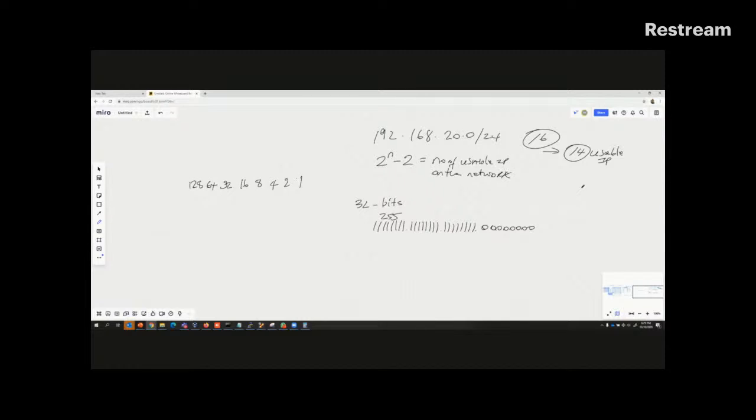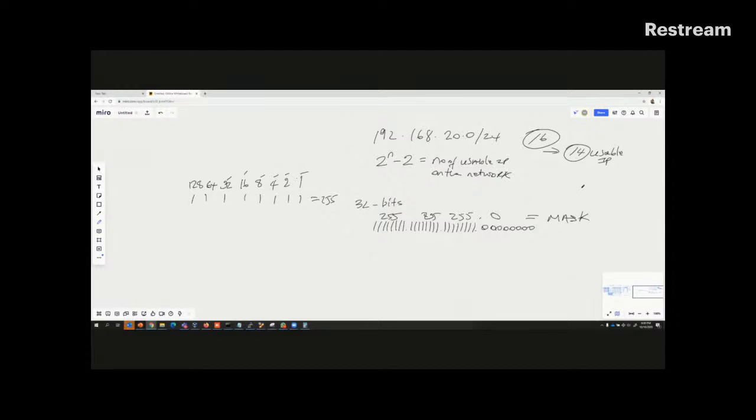Adding them all up, 128 plus 64 is 192, plus 32 is 224, plus 16 gives you 240, plus 8 gives you 248, plus 4 gives you 252, plus 2 gives you 254, plus 1 gives you 255. So this is 255.255.255.0. That's your subnet mask.